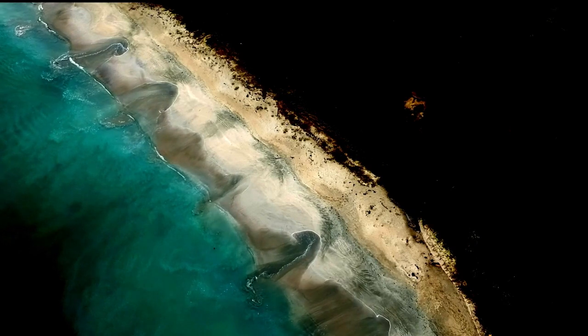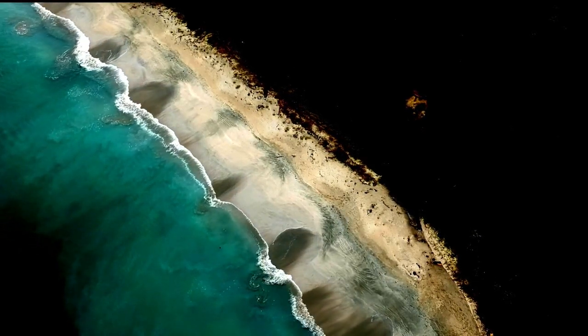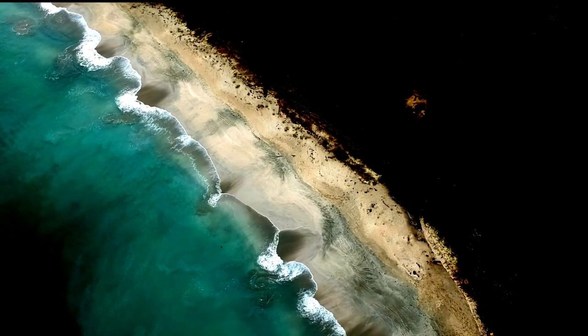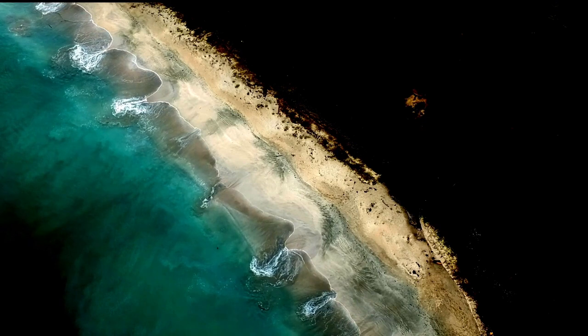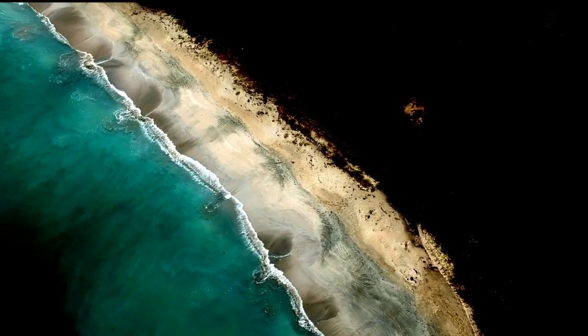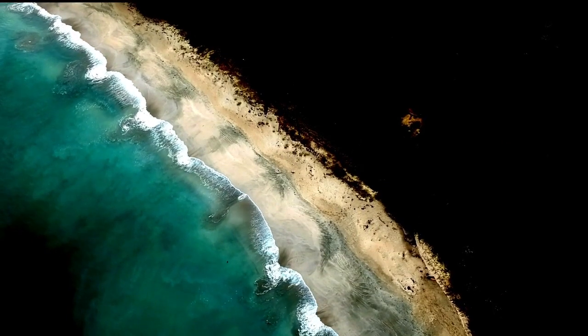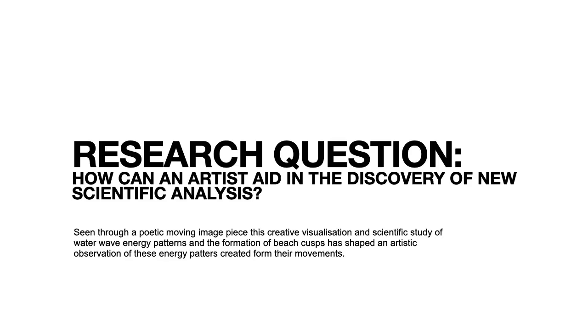So from an artistic perspective, this is really quite emotionally poetic, if you like, what the piece is that I'm trying to achieve. Bear in mind, these are still experiments at this stage, and I can show you the final thing later. That led on to this research question: how can an artist aid in the discovery of new scientific analysis?